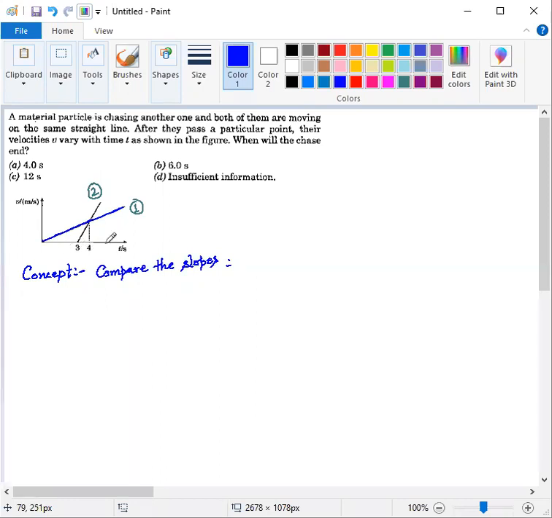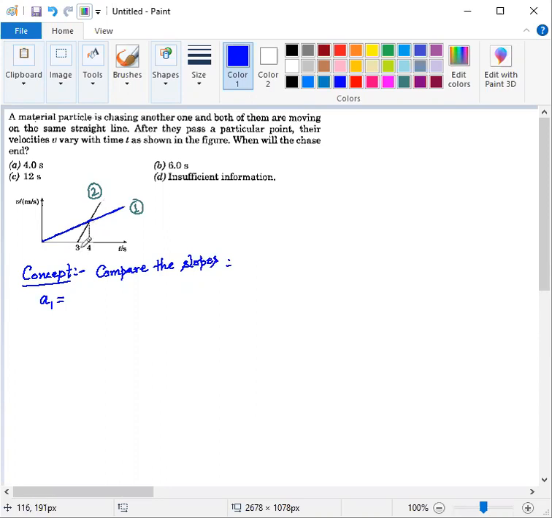What is the meaning of the slope of the velocity versus time graph? It is nothing but the acceleration. So the acceleration of particle 1 is denoted by the symbol a1. a1 equals the change in velocity divided by the change in time.